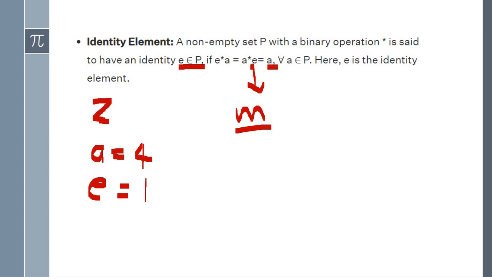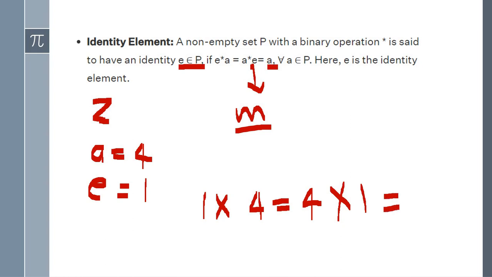So, that will give me 1 times 4 is equal to still 4 times 1. And that's basically still equal to 4. So, ang A is still part of P because that is multiplied by the identity element 1.